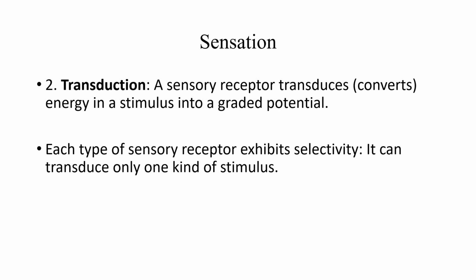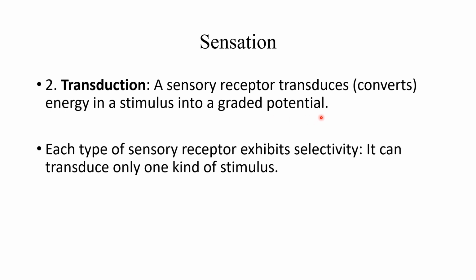Now let's say the stimulus came that's specific to this type of sensory receptor and within its receptive field. What will be the next step? The next step will be sensory transduction. And transduction means conversion of whatever the type of energy in this stimulus into receptor potential or a graded potential.